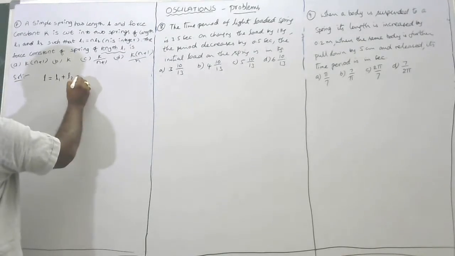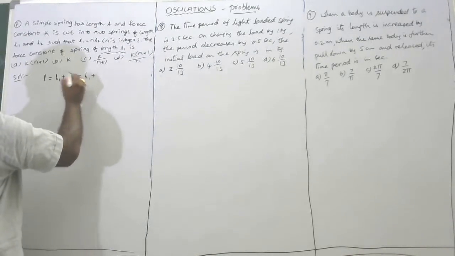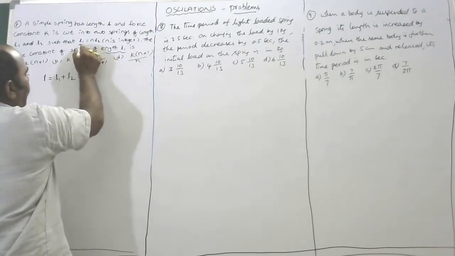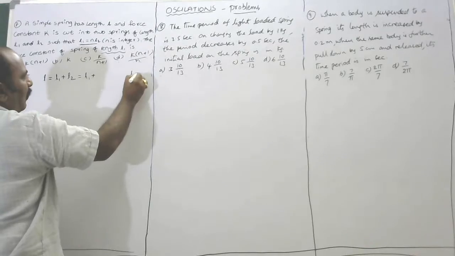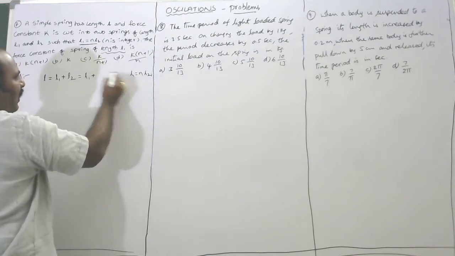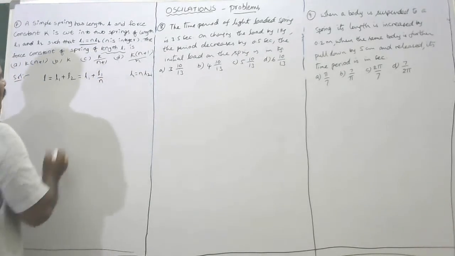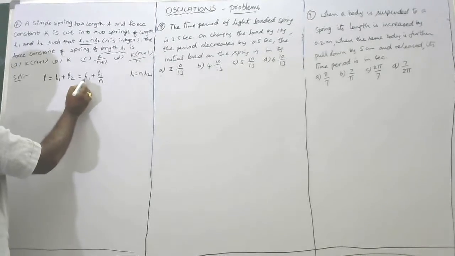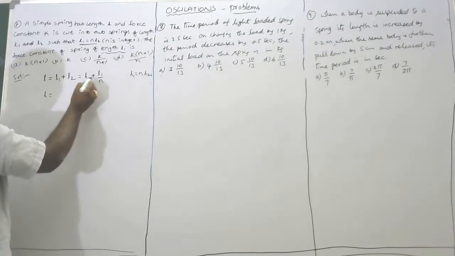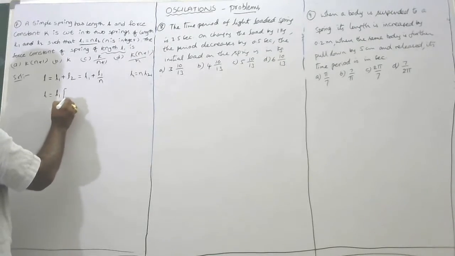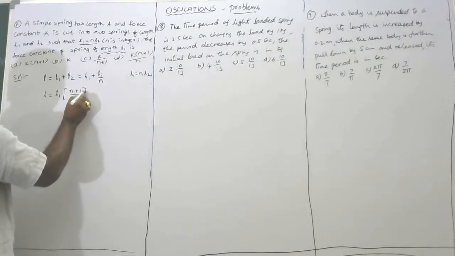From this condition L1 is equal to nL2, so L2 is L1 by n. So total L is equal to L1 plus L1 by n. Now L1 is taken as common. Now we get 1 plus 1 by n, this is nothing but n plus 1 by n.